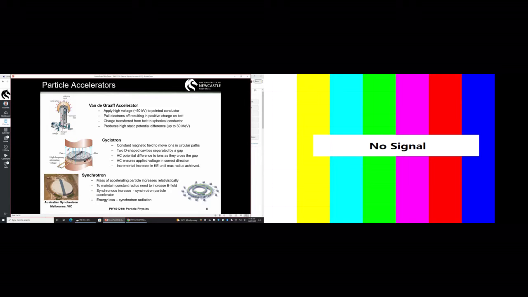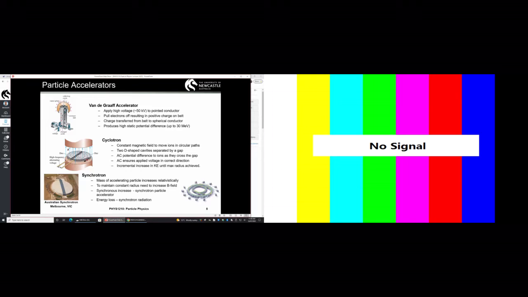If you start the particle moving, its path will be bent in that magnetic field. Now, there's a voltage placed across the gap between these two D-shaped magnets. If you flip the sign of that voltage at the right speed, you will get the particle to increase its speed every time it jumps from one side to the other.